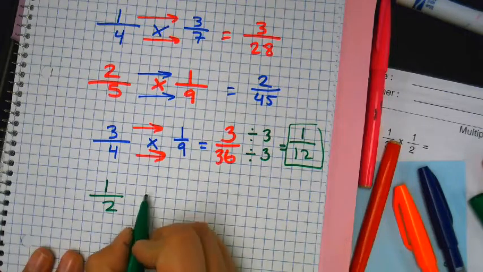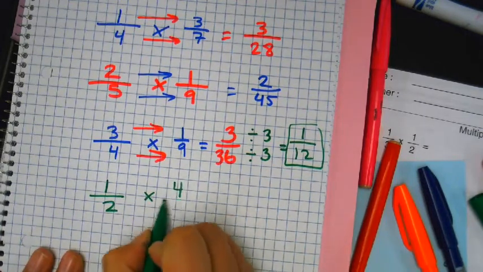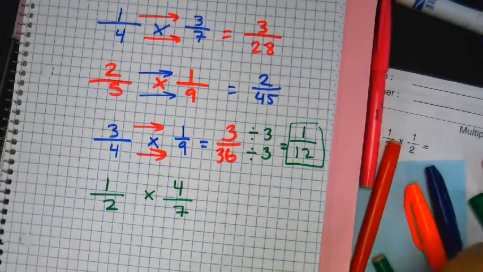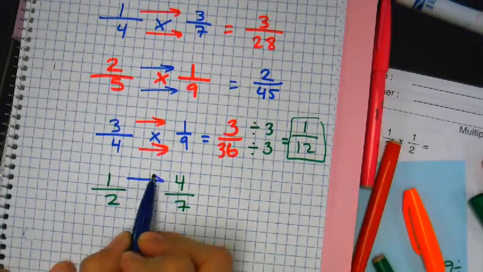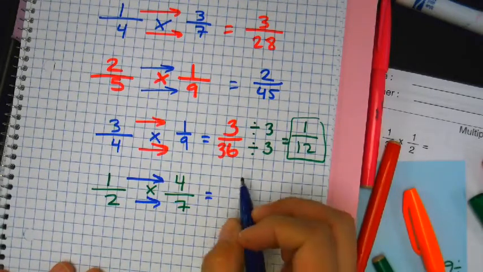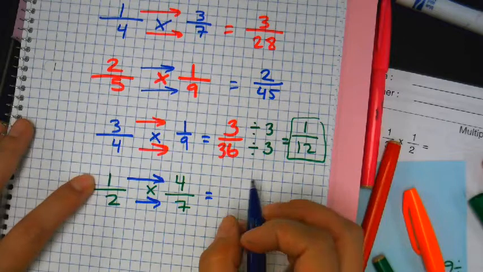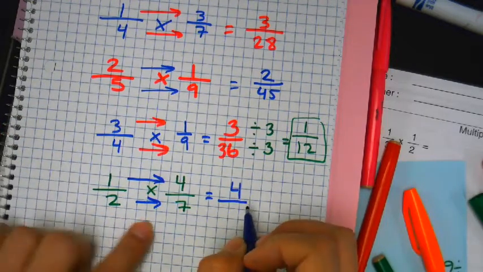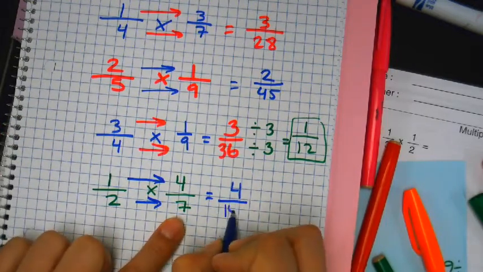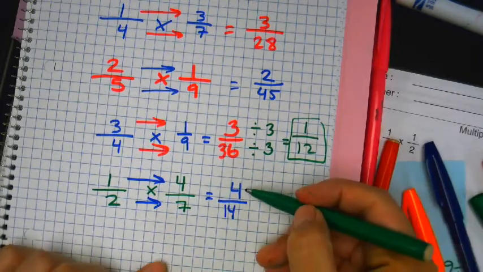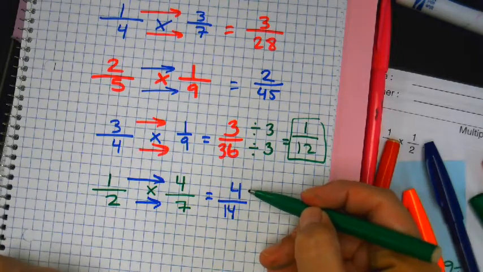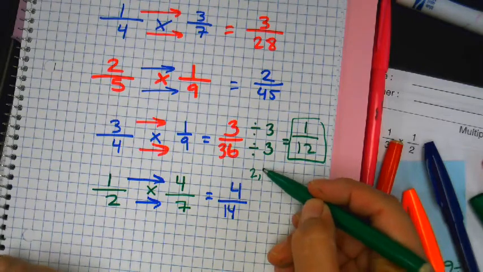1/2 times 4/7. 1 times 4? 4. 2 times 7? 14. Look at your smallest number. What can I divide 4 by? 2 or 4, right?